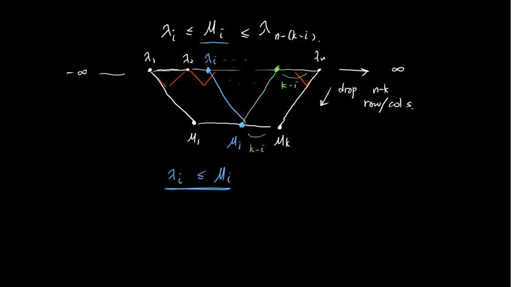So try to remember that as lambda n, and then counting from the right to the left, minus (k minus i). That's how we get the inequality: mu i is less than or equal to lambda m minus k plus i.